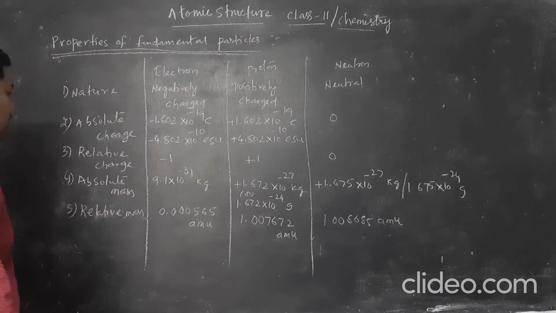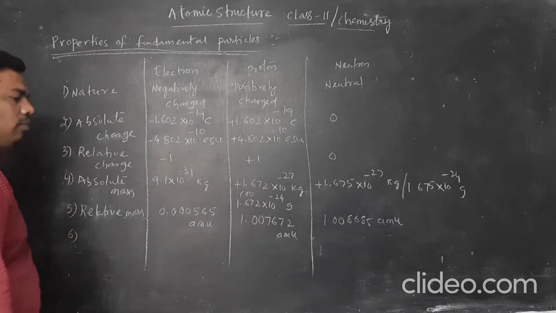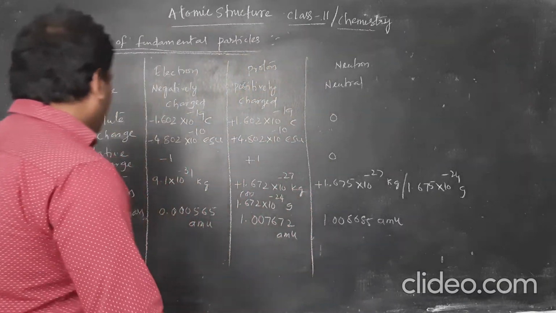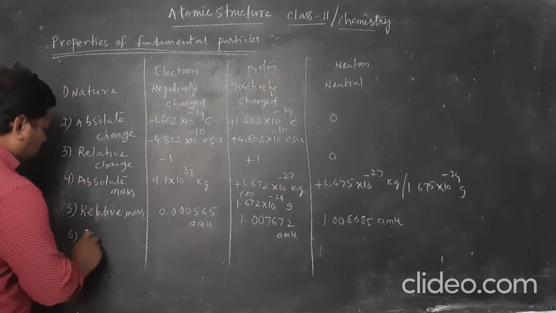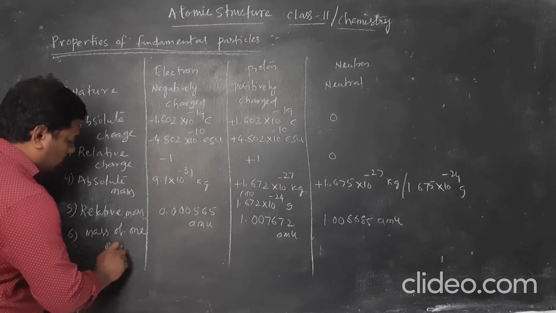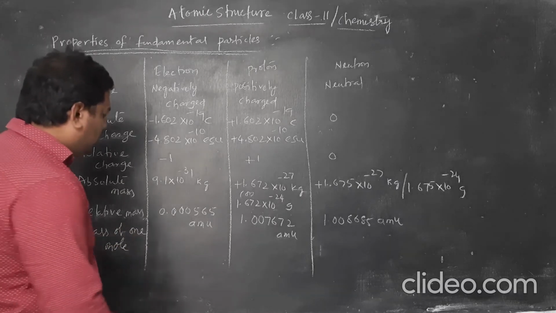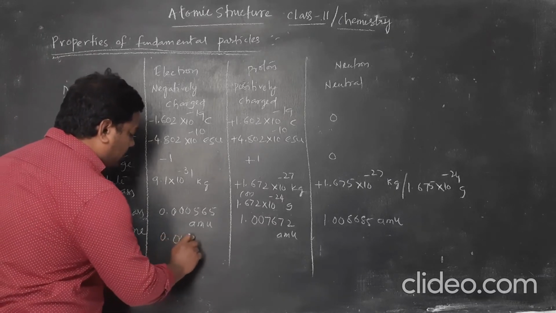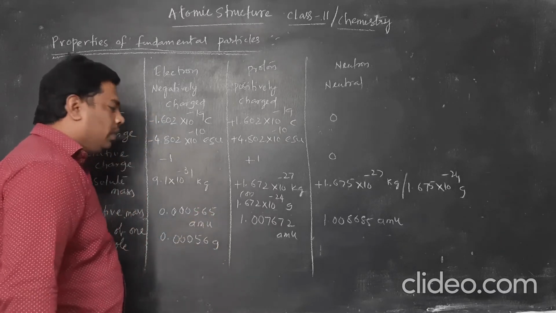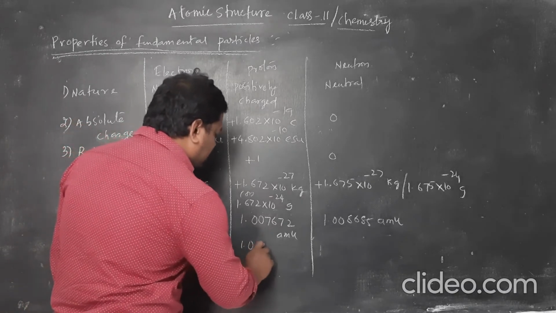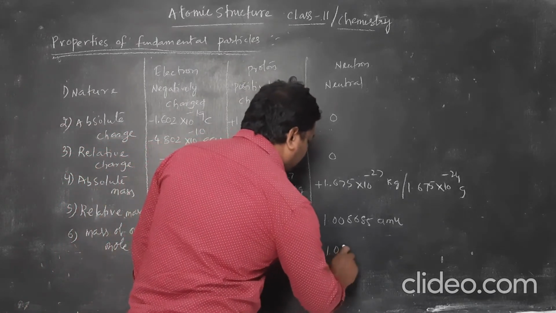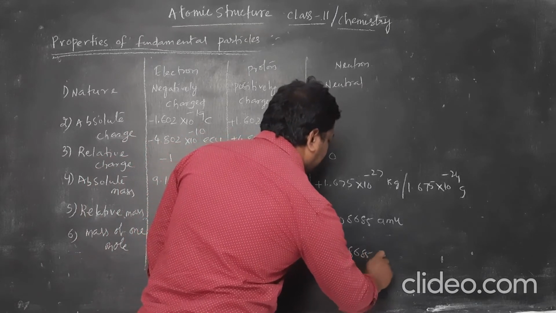The last one is the mass of 1 mole. The mass of 1 mole of electrons is equal to 0.0056 gram, of protons 1.007672 grams, and of neutrons 1.008685 grams.